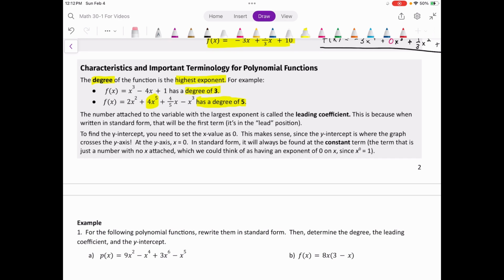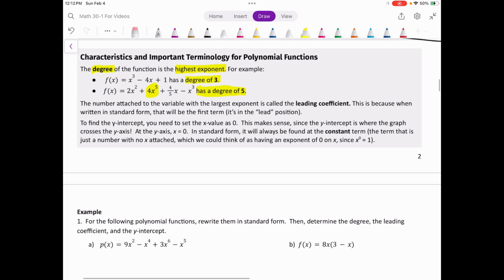The second important term that we're going to use that's going to tell us about the behavior of a polynomial function is the coefficient, the number attached to the variable, you could call it. The number attached to the variable with the largest exponent is called the leading coefficient. So taking a look here, we identified that the greatest exponent on x was 3.